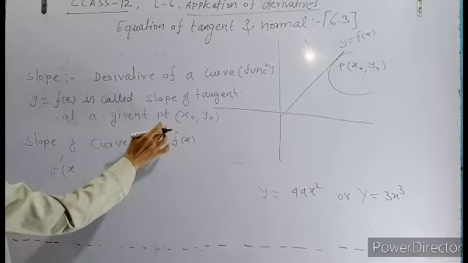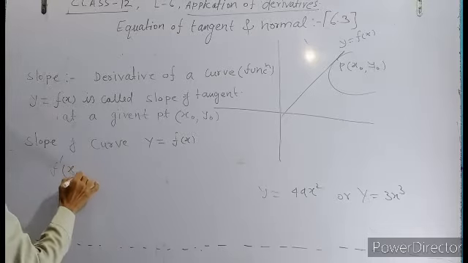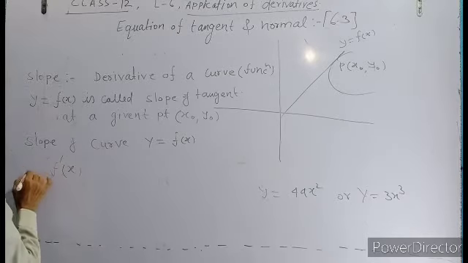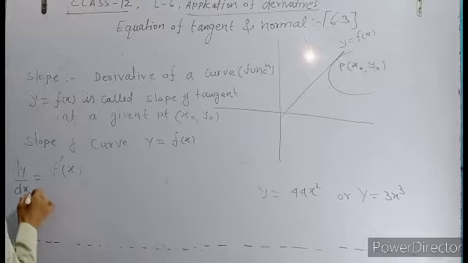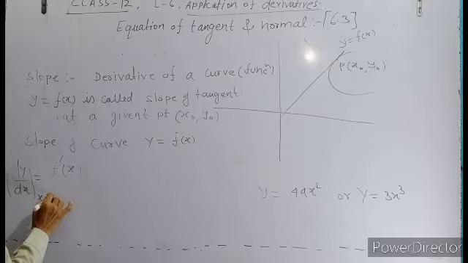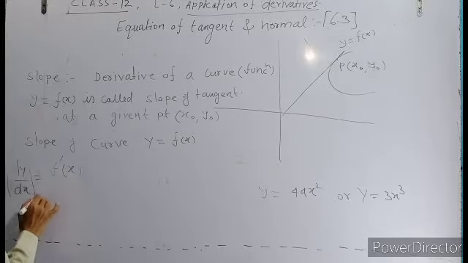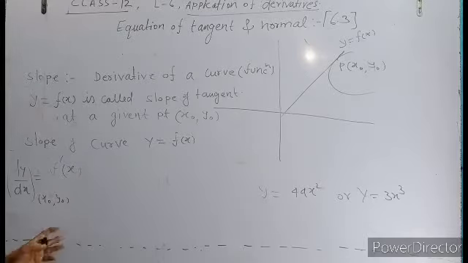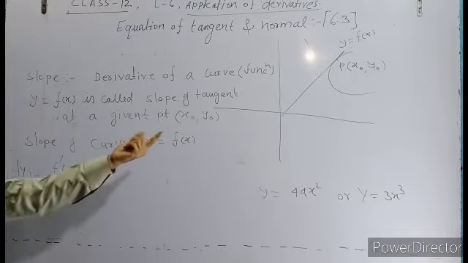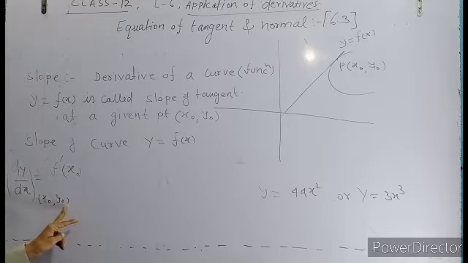So what is the derivative of this, f dash x, or you can say dy by dx, at the point x equal to x0. Dy by dx means the first derivative at the given point.